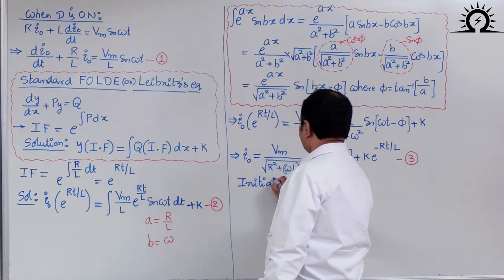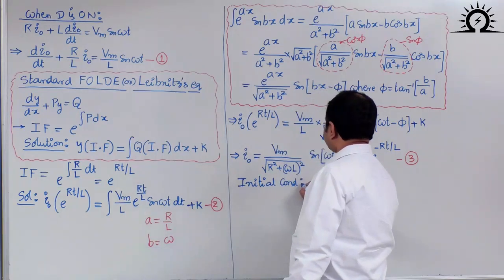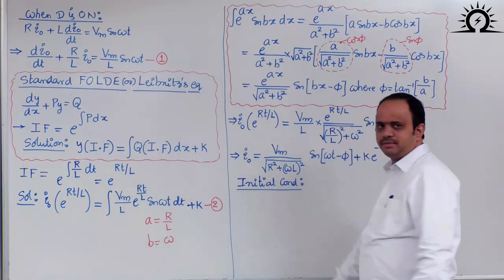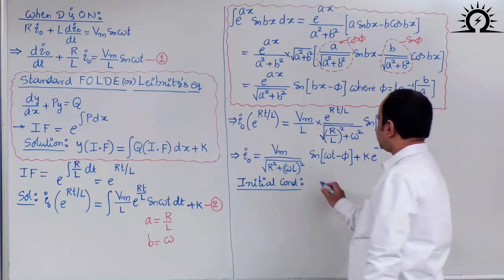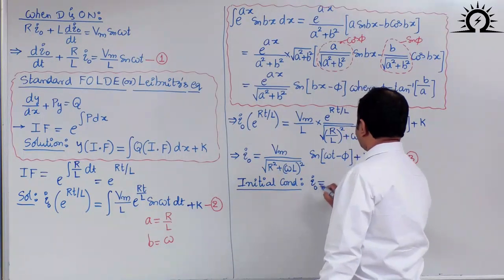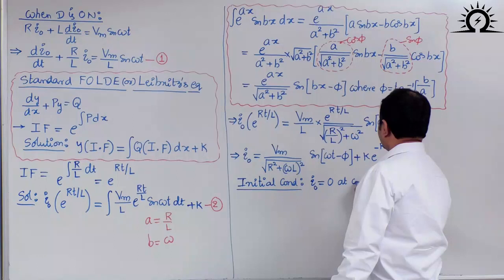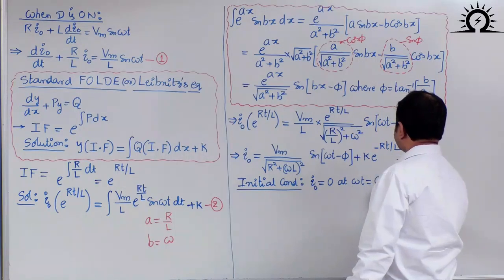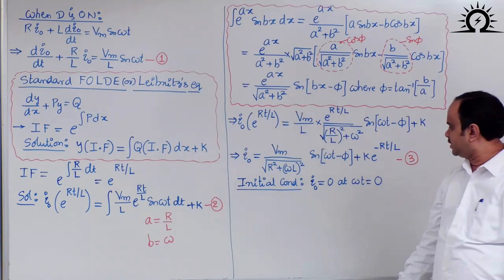What is the initial condition? That is, I naught is equal to 0 at omega t equal to 0, because of the diode.